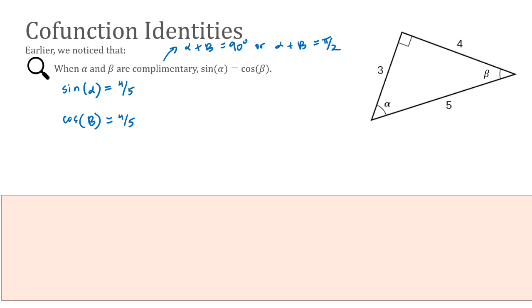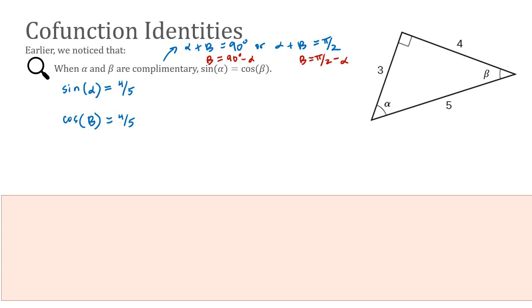But why is that true? Well, if you go back to this definition of complementary angles, and instead of writing alpha plus beta equals 90 degrees, I solve for beta, I get that beta is equal to 90 degrees minus alpha, or I could say beta is equal to pi over 2 minus alpha. Now, what does that do for me?